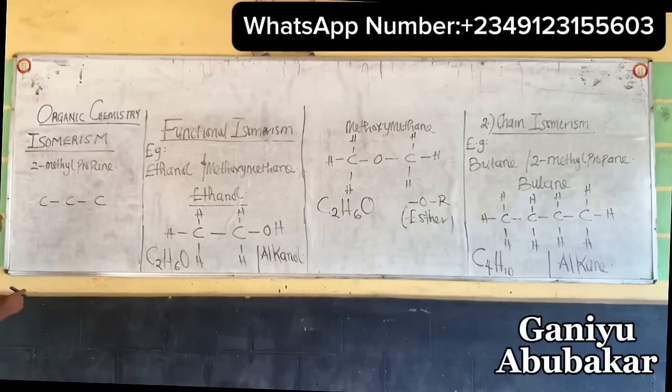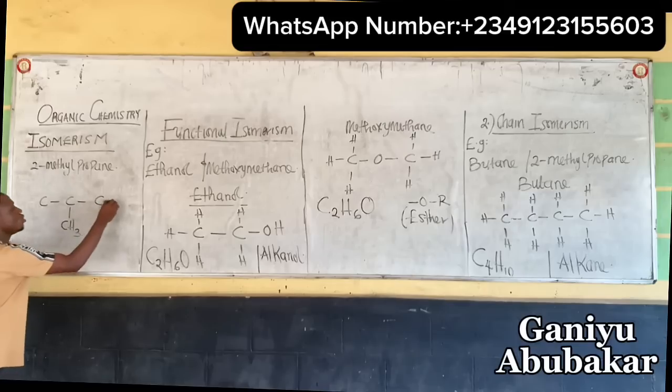Now listen, I have 2-methyl. The methyl here is a substituent, CH3. The 2 signifies that the position of the methyl is at carbon 2. This is carbon 1 and 2. At carbon 2 here, attach the CH3 methyl. When you're done with this, balance this one up.